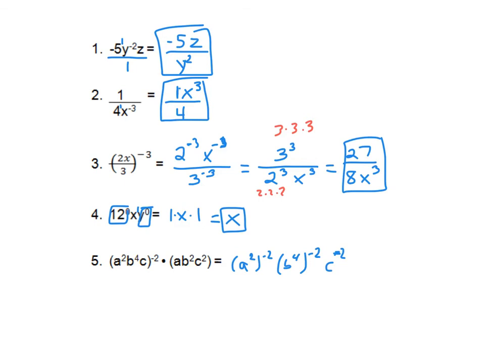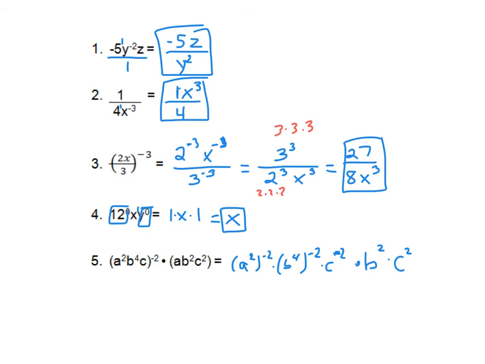Times, and again, all this was being multiplied as well, times a b squared and times c squared. So again, a long strand of multiplication here.